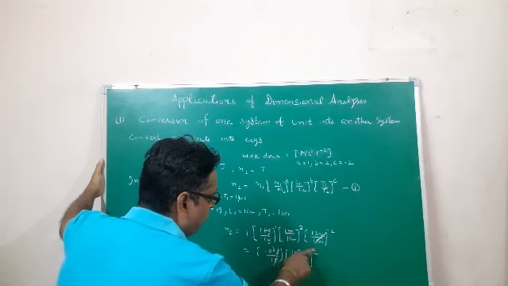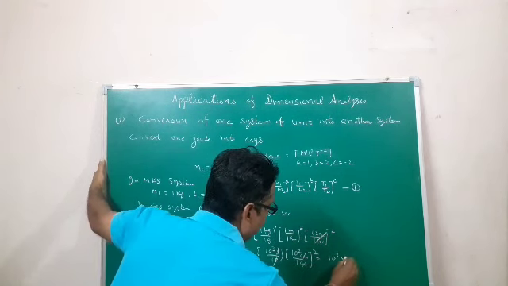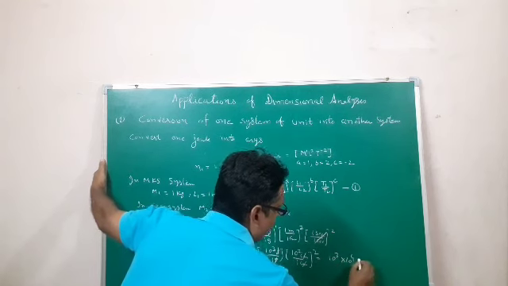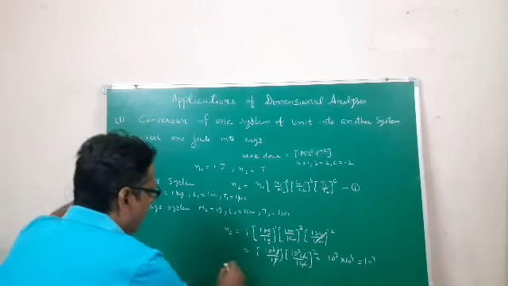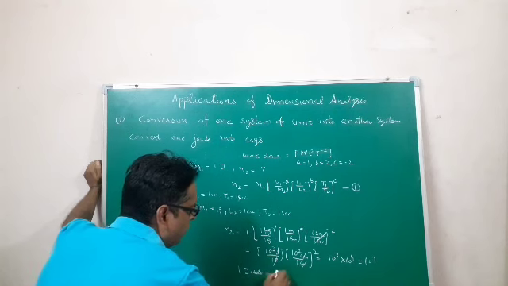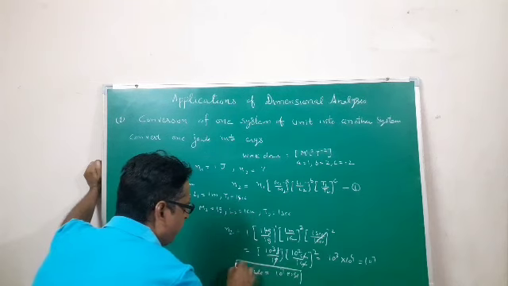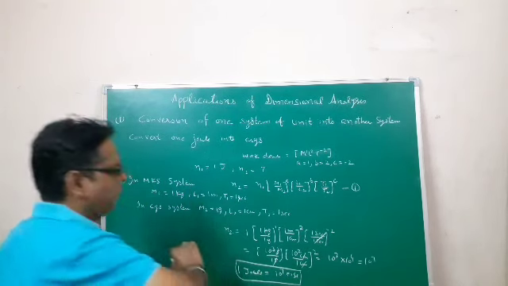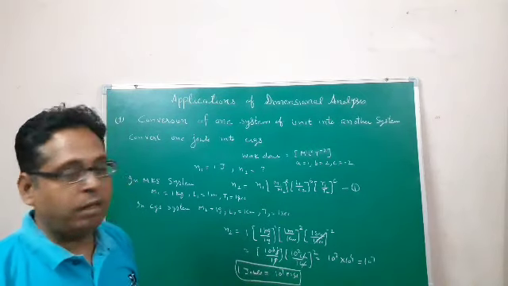So this is 2 into 2, 4. So this is 10 raised to power 3 and 10 raised to power 4, which is 10 raised to power 7. So that means 1 joule is equal to 10 raised to power 7 ergs. So this is our required relation between 1 joule and ergs.